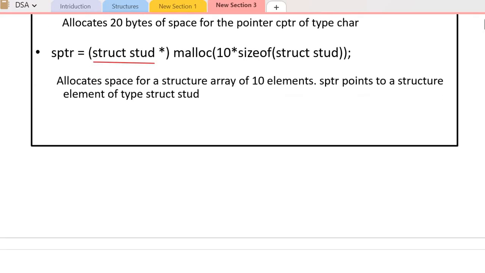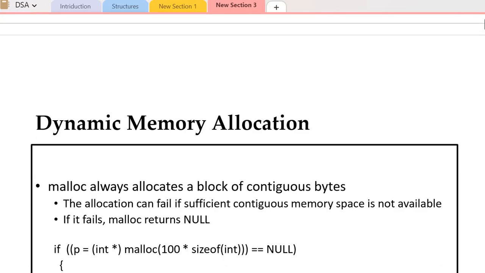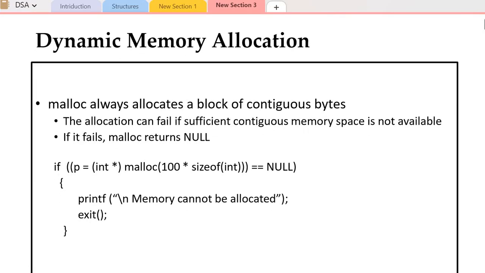Suppose we have the question, what if malloc fails? The answer is in this slide. Memory allocation is not guaranteed. If enough contiguous memory is unavailable, malloc returns NULL. That's why we have to check whether ptr is equal to NULL.